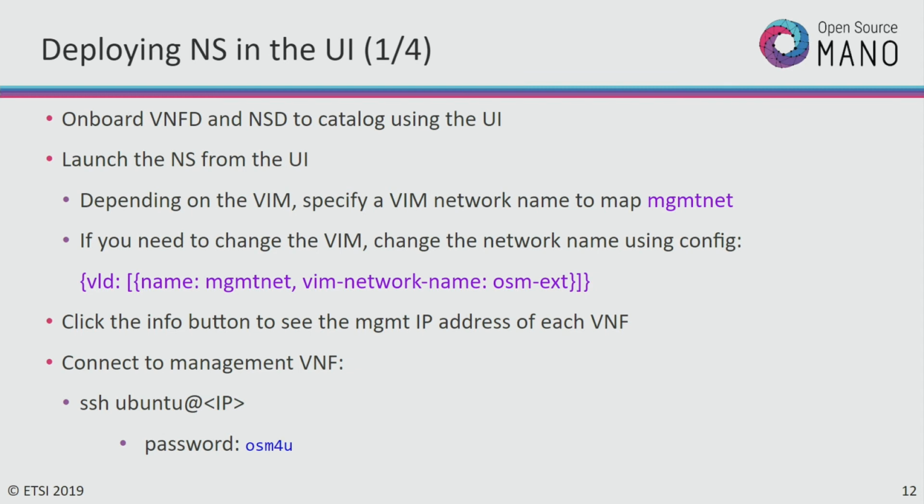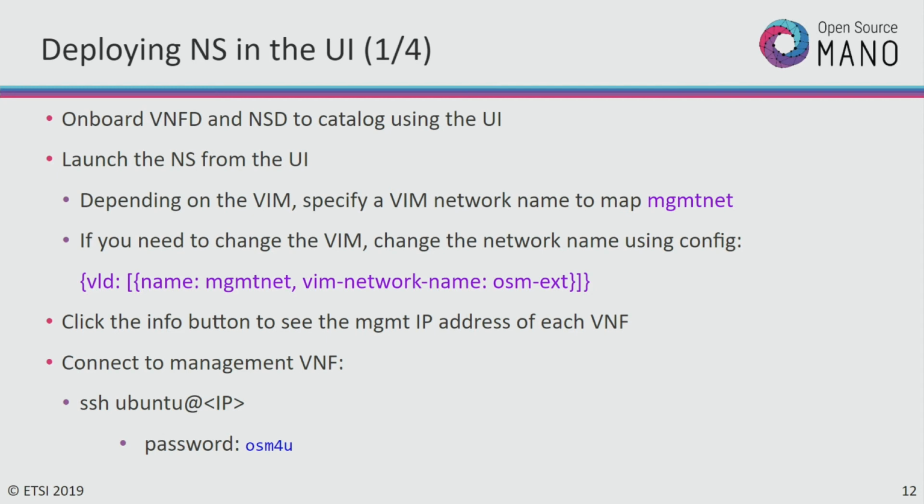Okay. So to deploy our network service, it's the same as the previous network services that you have already done. Just be careful to look at the VIM network name on your descriptor.